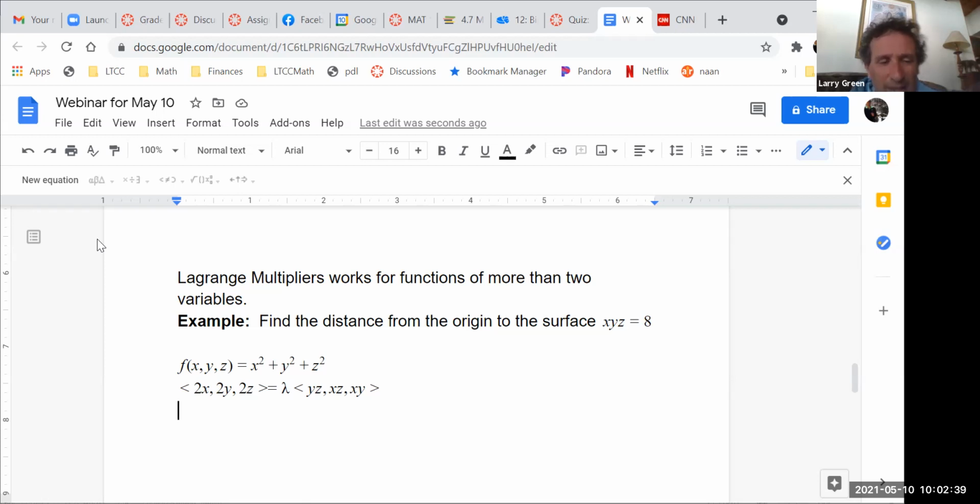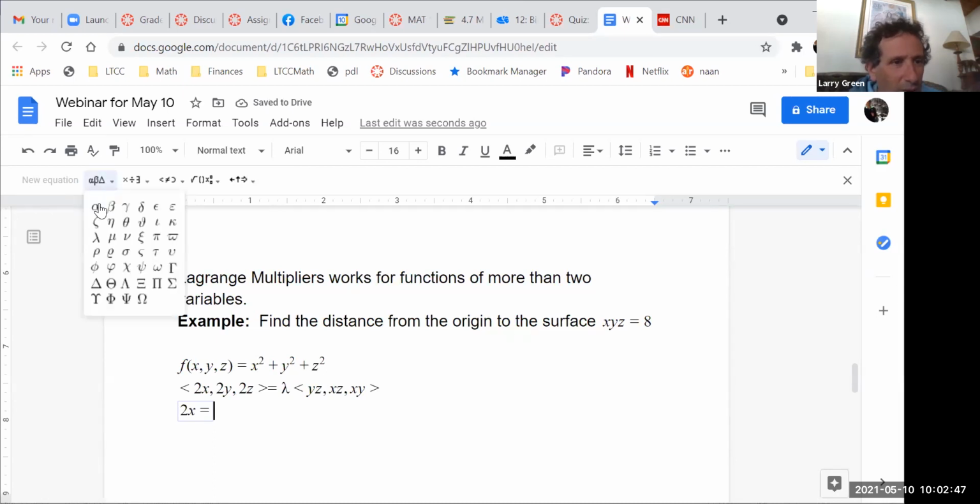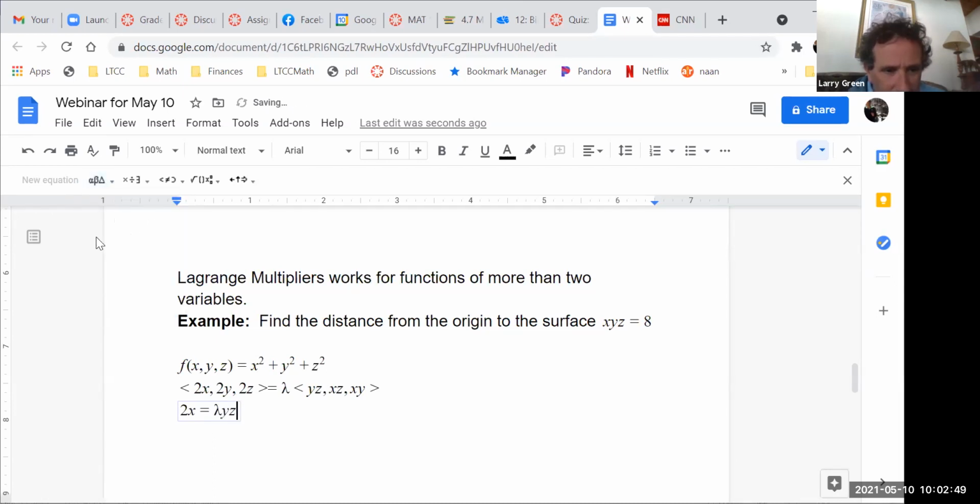Okay, so now we're going to have a bunch of equations. We get 2x equals lambda yz. We get 2y equals lambda xz. We get 2z equals lambda xy.